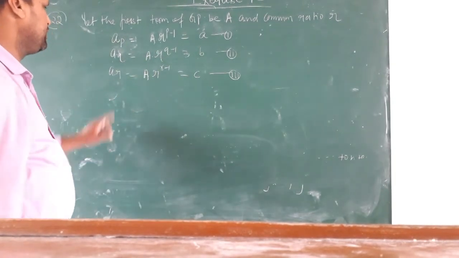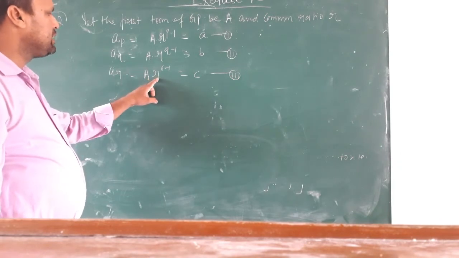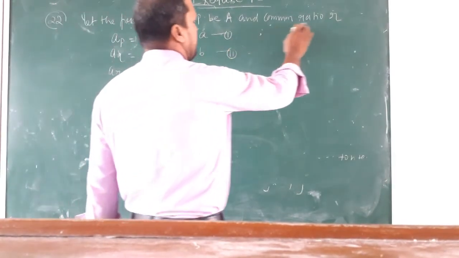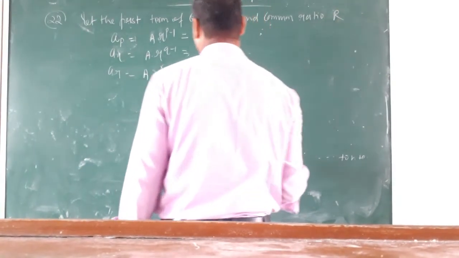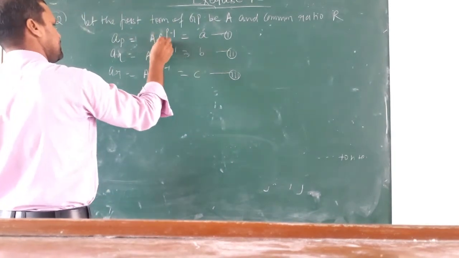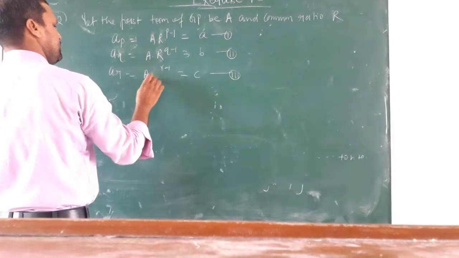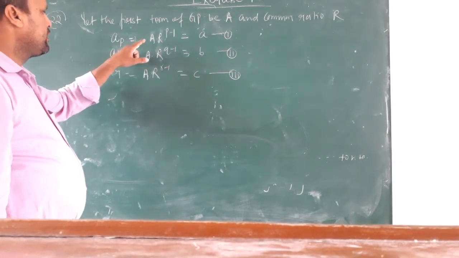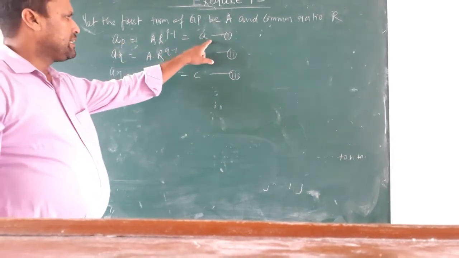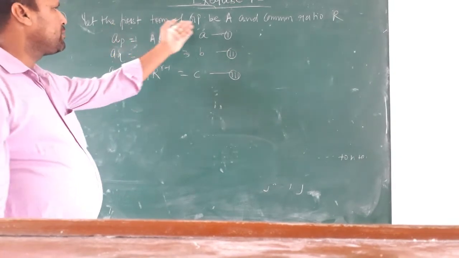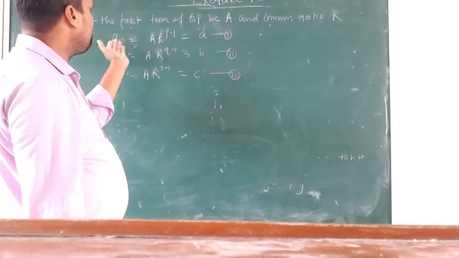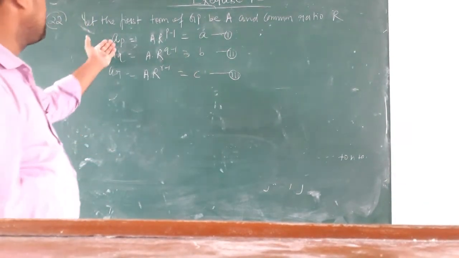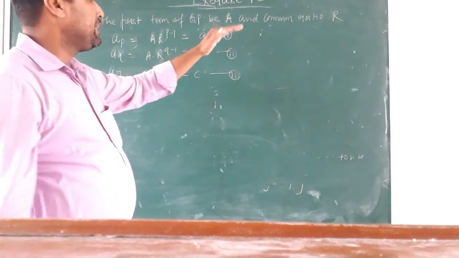One more thing: the rth term and the common ratio are both R here, so suppose the common ratio is small r. Why do we do it like this? Because the pth term is a, and generally we suppose the first term is A, so we would be confused about which one is the first term and which is the pth term. That's why we make the change.